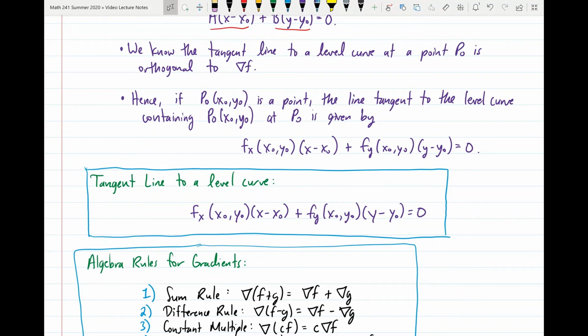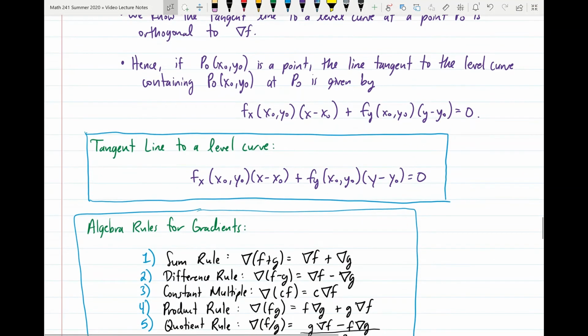Hence, if we have some point P0, then the line that's tangent to the level curve containing the point P0 is given by the partial derivative of f at (x0, y0) times (x minus x0) plus the partial derivative of f with respect to y at (x0, y0) times (y minus y0) is equal to 0.